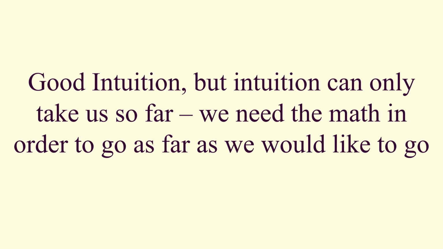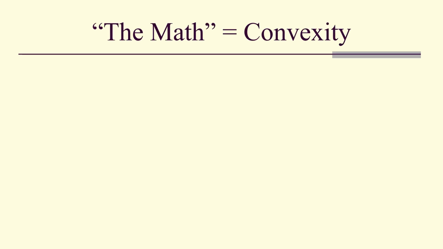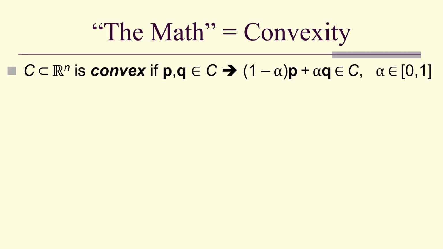Well, that's intuitively, but we can only go so far with intuition. Let's look at the math. The math is convexity. Now, remember that a set C, a subset of R^n, is convex if two points P, Q in C implies that the line segment between them, (1 minus alpha) P plus alpha Q, is also in C, where alpha is in [0, 1].